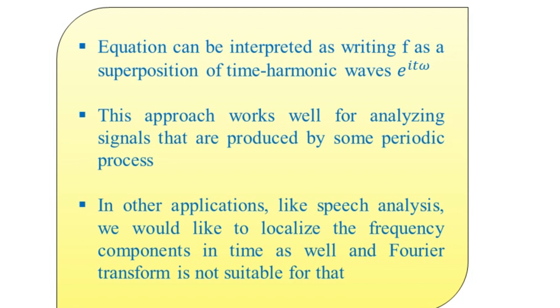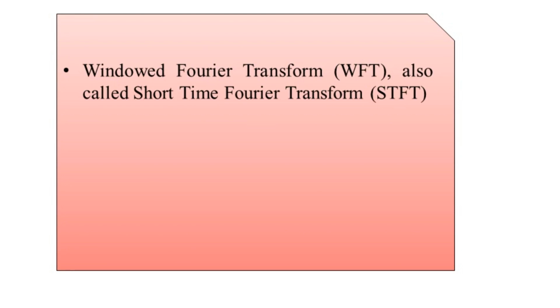So we currently have two options. The first one is another form of the Fourier transform that is identified as the short time Fourier transform, also known as the windowed Fourier transform. For the windowed Fourier transform the abbreviation we prefer is WFT in capitals, whereas for the other name, short time Fourier transform, it is STFT here.